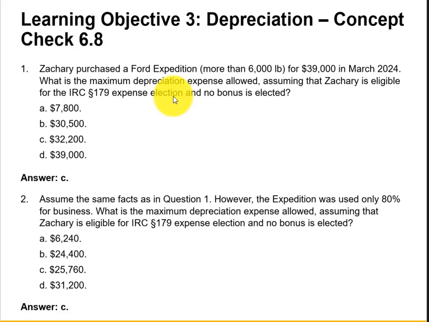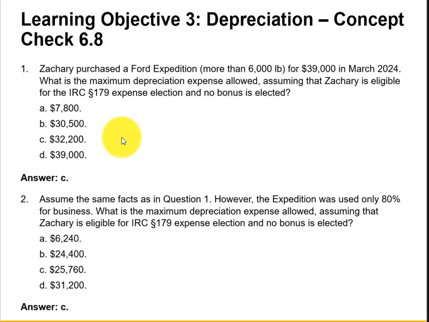The tables for a 5-year property show a 0.2 or 20% for year one. So that other 8,500 times 0.2 gives us 1,700. Add that to the 30,500, and $32,200 is the depreciation on this Ford Expedition.